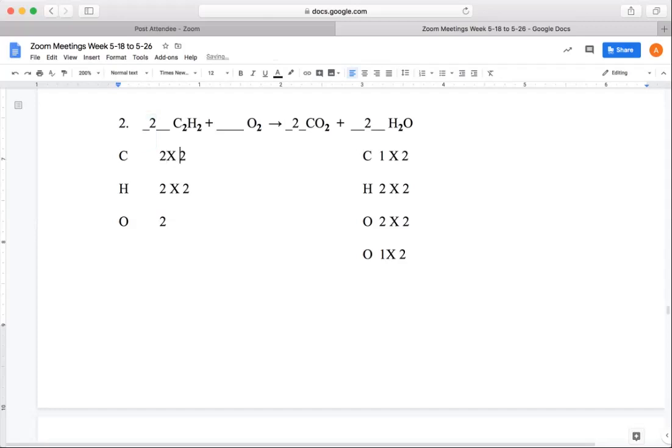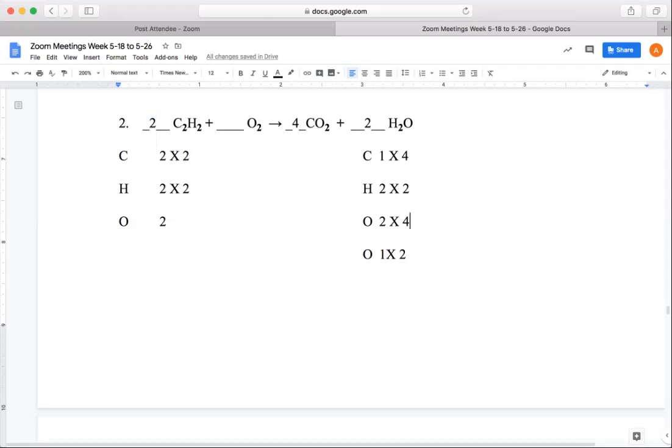So now let's see, 4 here. Okay, so now the carbons are not balanced. We're going to multiply this by 4. 4 carbons here. Let's put a 4 here.